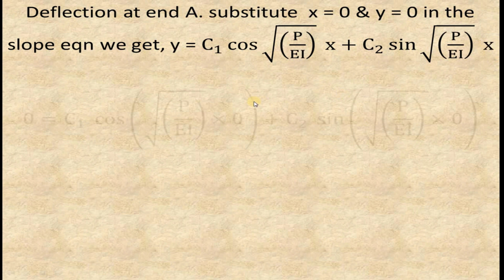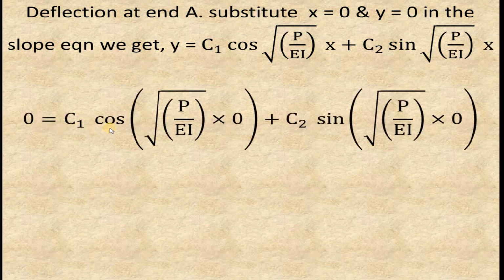So the next step will be 0 is equal to c1 cos square root of P by EI into 0 plus c2 sin square root of P by EI into 0. So here square root of P by EI into 0 is 0. So the next step will be 0 is equal to c1 cos 0 plus c2 sin 0. We know that cos 0 is 1 and sin 0 is 0.